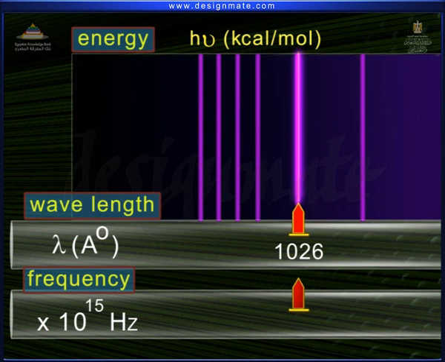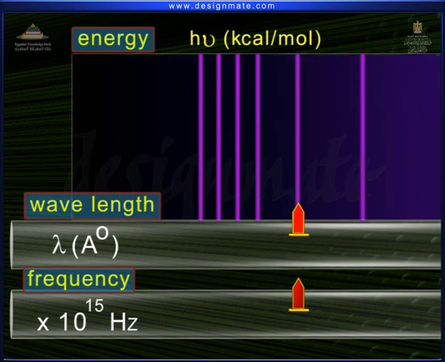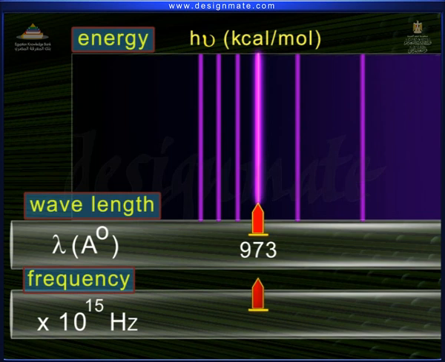The wavelength, 1026 angstrom. The frequency per second, 2.92 into 10 raised to 15. The energy 278.8 kilocalories per mole. The wavelength 973 angstrom.